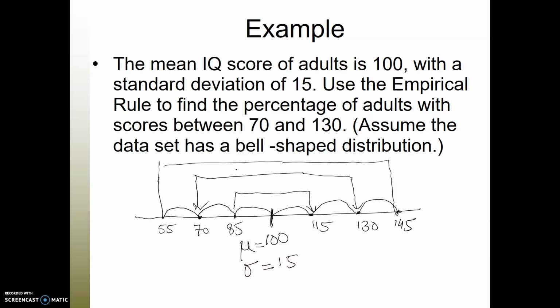And now, since this is a bell-shaped distribution, we can apply the empirical rule. The empirical rule says that 95% of our data values lie within 2 standard deviations, and our 2 standard deviations are from 70 to 130, right?